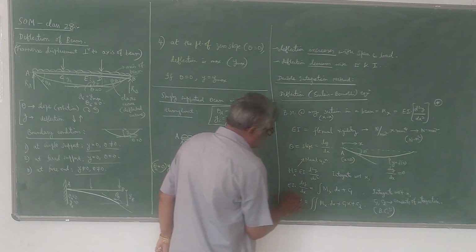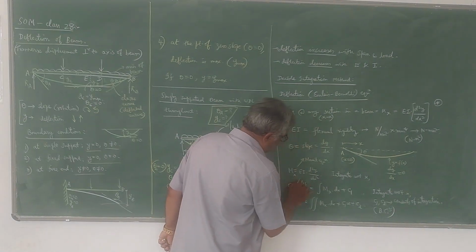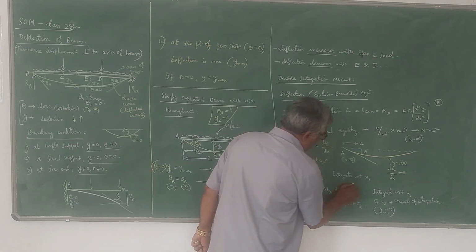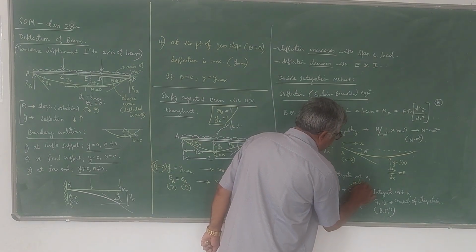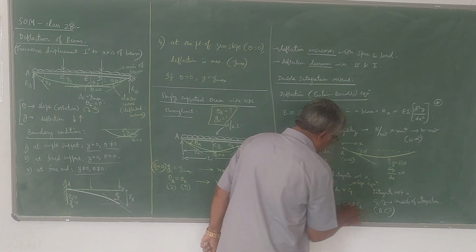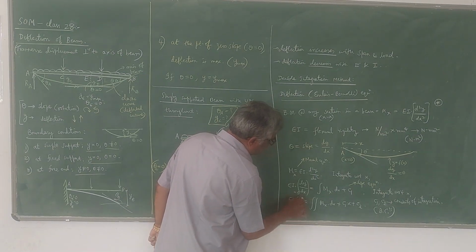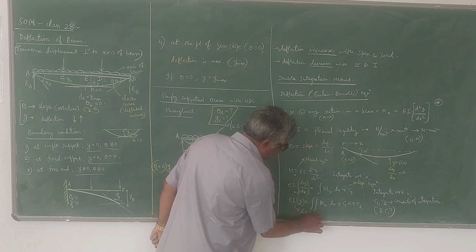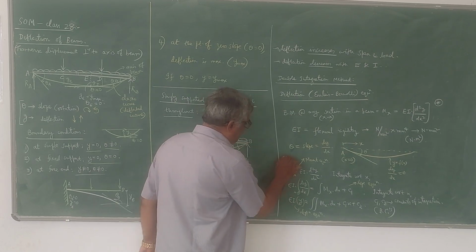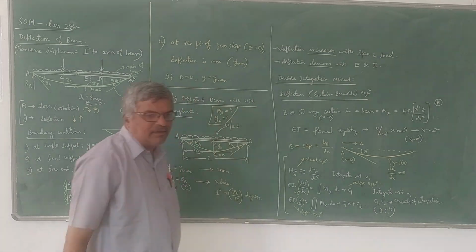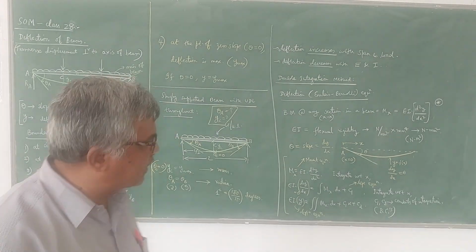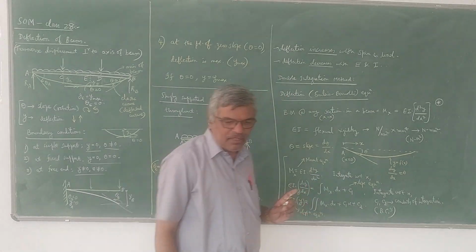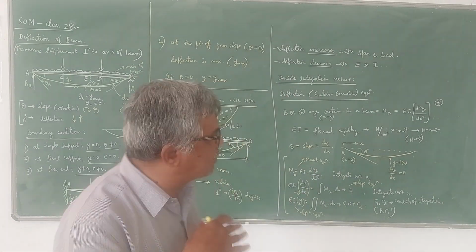The second equation is the slope equation, because it involves dy by dx, which is theta. The third equation is the deflection equation, where y is the deflection. From the moment equation, if you integrate, you get the slope equation, and if you integrate the slope equation, you get the deflection equation. This is the general procedure to find the slope and deflection by knowing the bending moment.